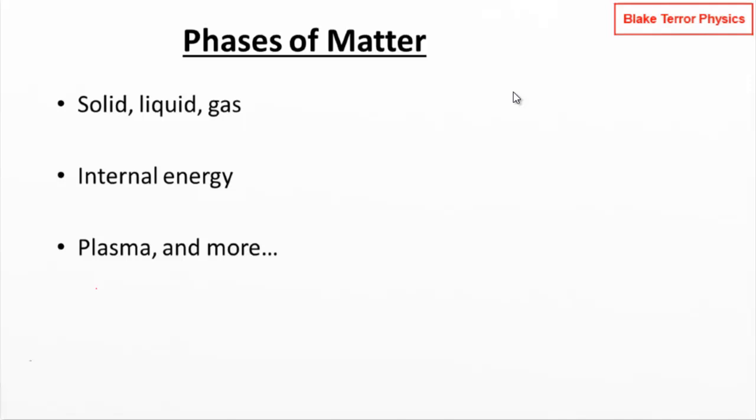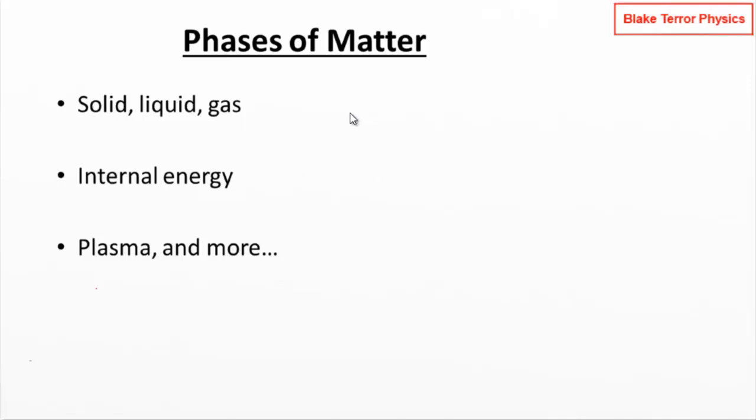Now, this also gives us a nice way in, because we already know some basic stuff about what's going on here. You start with a solid, you heat it up, it melts, it becomes a liquid. You heat it up some more, it vaporizes, it becomes a gas. You cool the gas, it condenses into a liquid. You cool the liquid and it freezes or solidifies back into a solid.